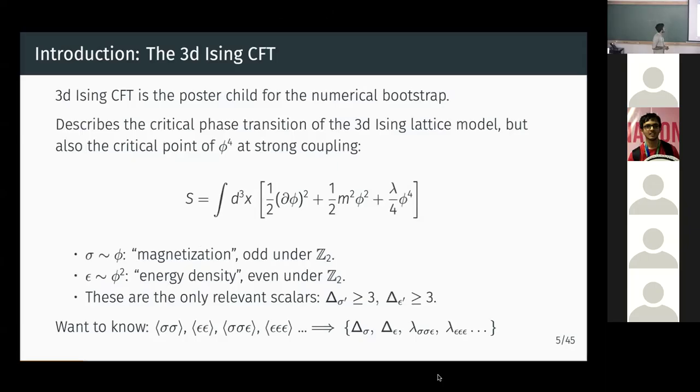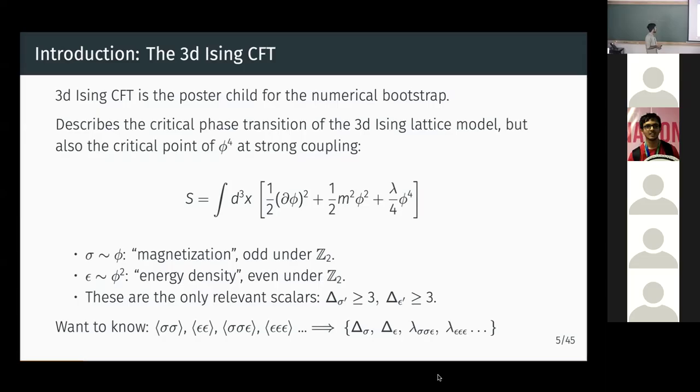Great. So the specific CFT that we're going to be targeting here is the Ising CFT, the 3D Ising CFT, and it describes the critical phase transition of the 3D Ising lattice model. But for field theorists, it's more familiar as the critical point of phi to the 4th theory, the strong coupling.